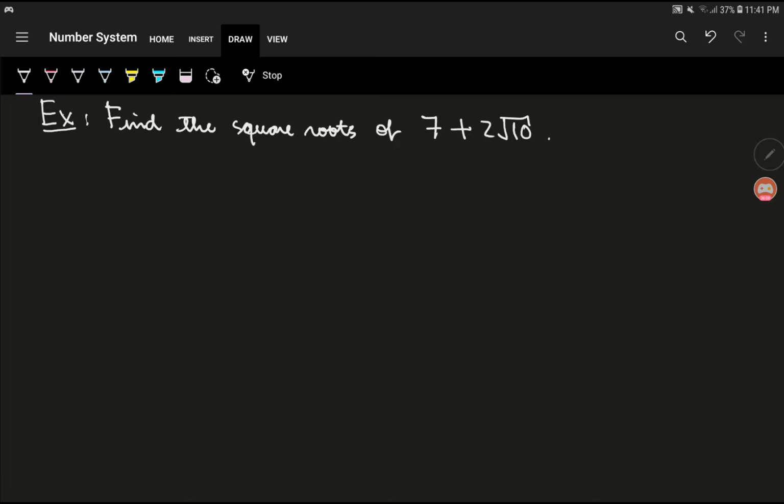Okay, so to answer this question, we begin with: let √(7 + 2√10) equal √x + √y.